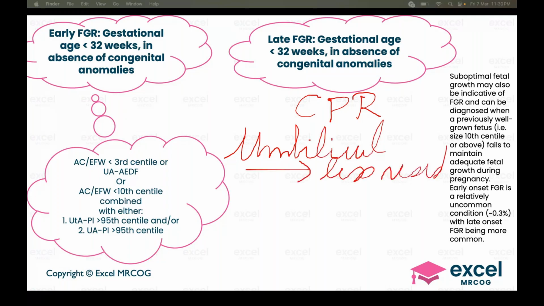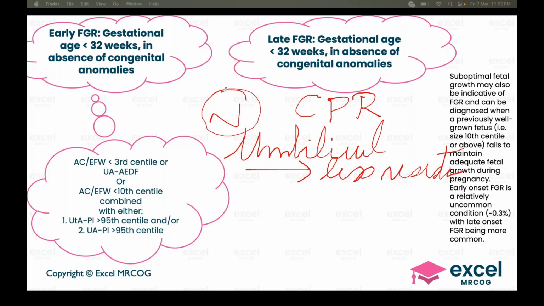This is normal. That means it is freely flowing in the placenta. The placenta allows the blood to flow. The placenta is normal in function. It freely accepts the umbilical artery blood that is coming towards it. That means the resistance in the umbilical artery is less.